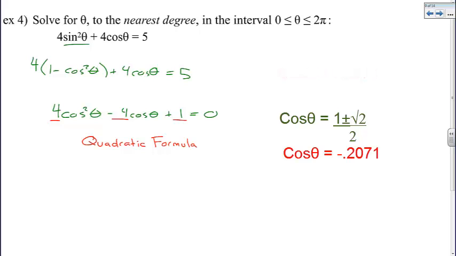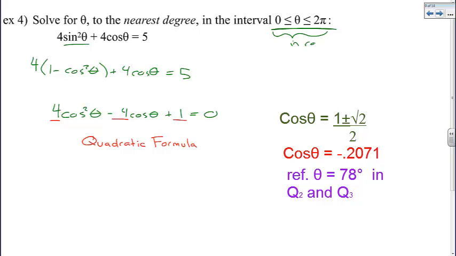Bye-bye. If I take 1 minus radical 2 over 2, I should get cosine theta equal to -0.2071, and I can solve similar to day 10 and 11.